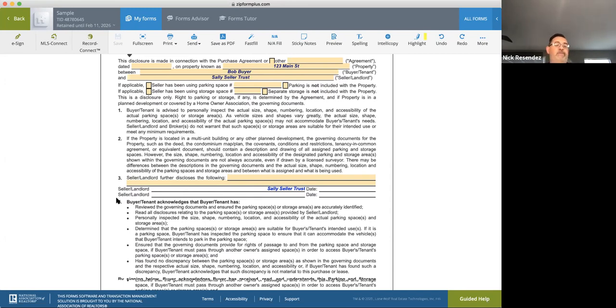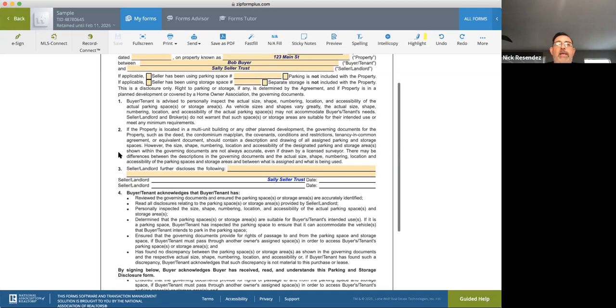Very important to investigate this, talk with the HOAs, even to look on the preliminary title reports to make sure that your parking spaces are deeded. There are a lot of title companies that stopped insuring parking spaces and storage. So you want to look on the prelim to see if they've removed anything. If it's not on there, then you may need to consider hiring a different title company.